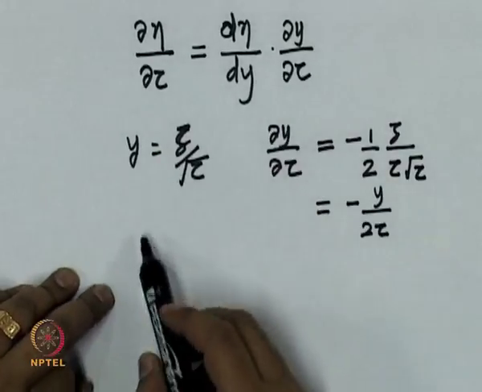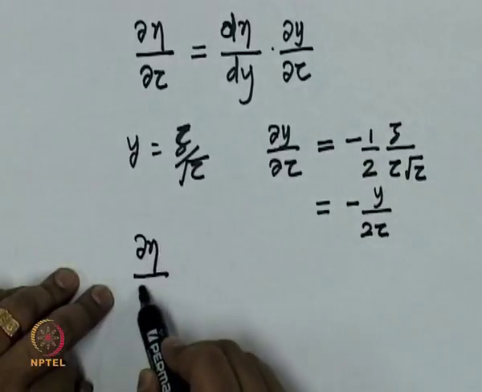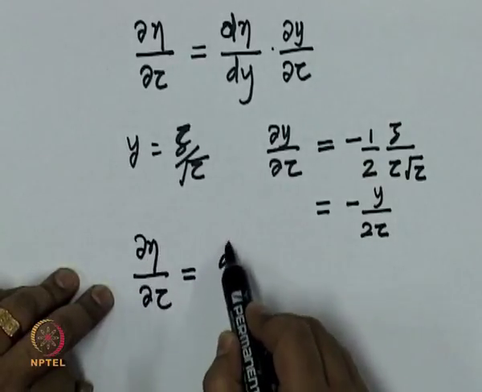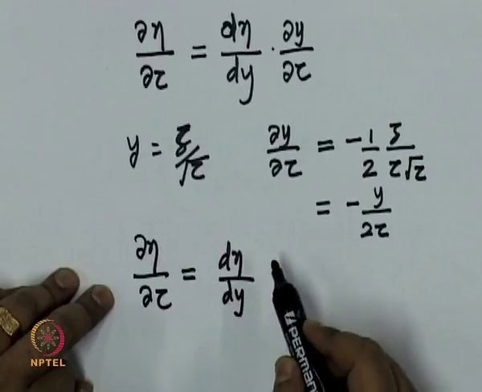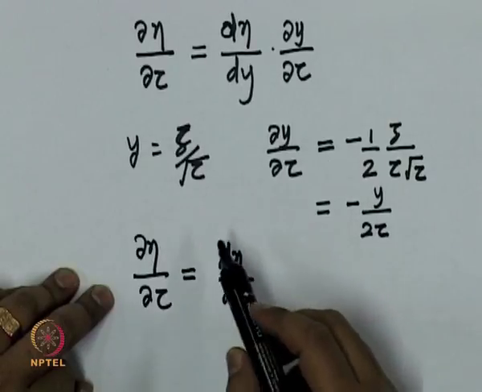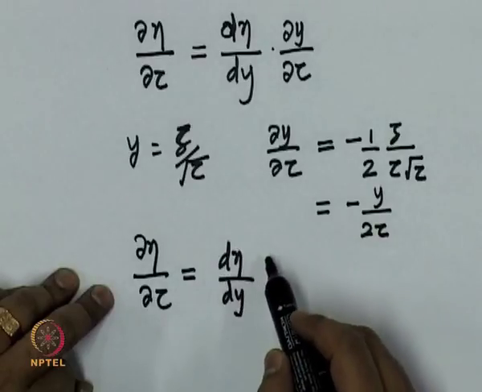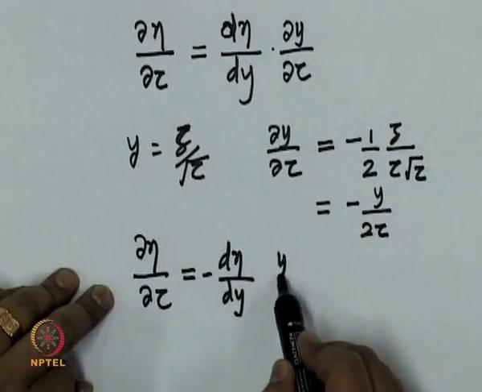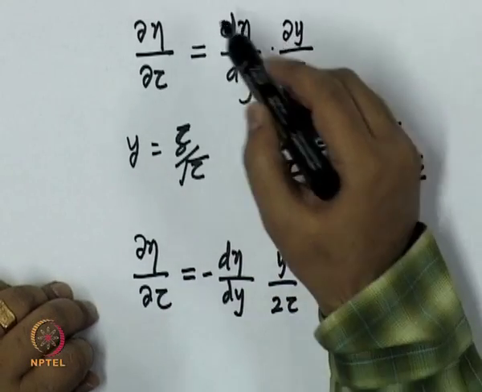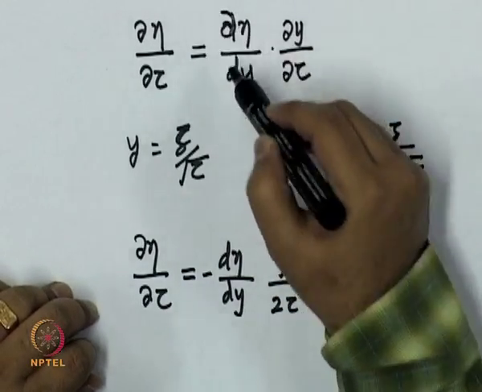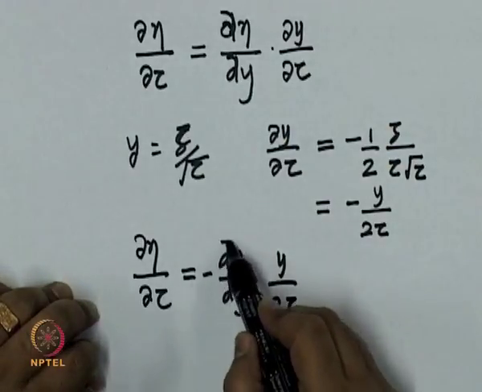So, let us put it back here. ∂η/∂τ is nothing but dη/dy and minus y by 2τ.